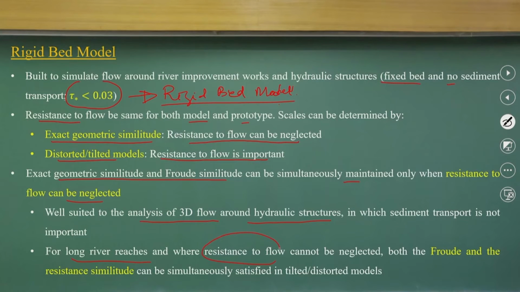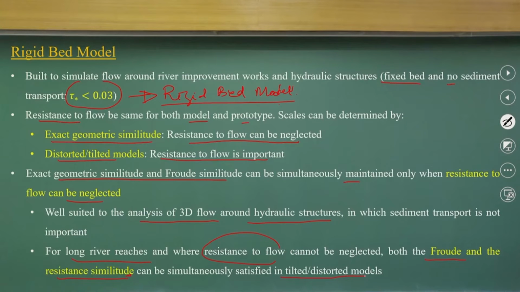In those cases, we should do the Froude number similitude as well as resistance similitude, basically using Manning's or Strickler's Manning's equations, for tilted and distorted models.